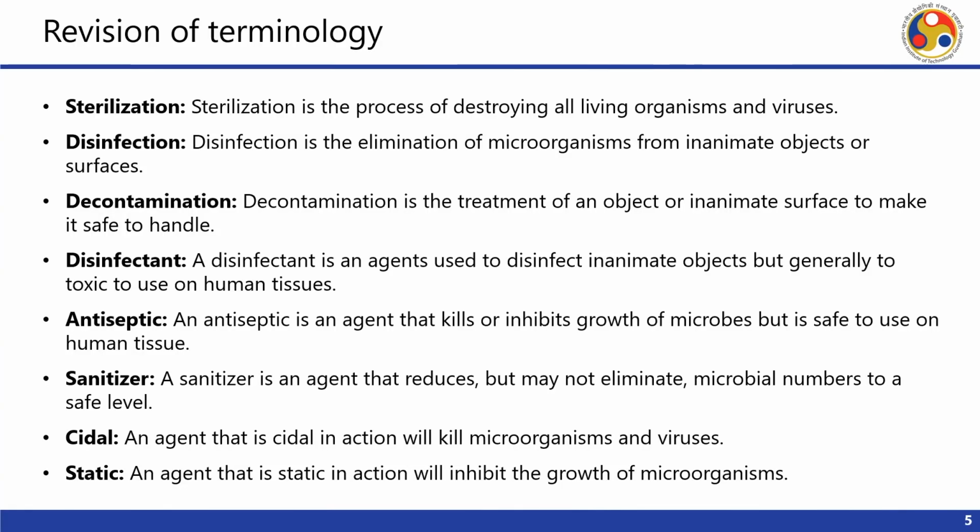Cidal agents are those which kill microorganisms and viruses, so we call them fungicidal or bactericidal. Then we have certain agents which I will call static agents. These inhibit the growth of microorganisms, like bacteriostatic or fungistatic.